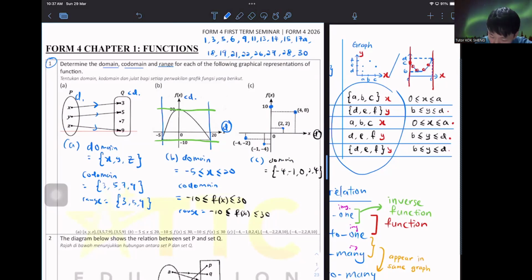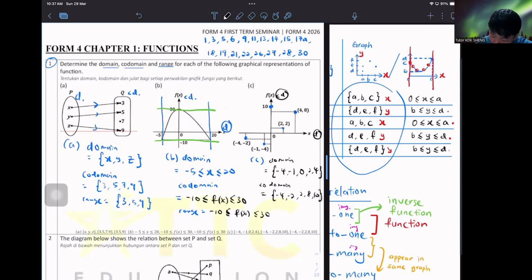Okay, continue. Codomain. Codomain is the Y. Okay, so follow the dot again. Curly bracket. -4, -2, 2, 8, 10. So hard to draw the bracket.